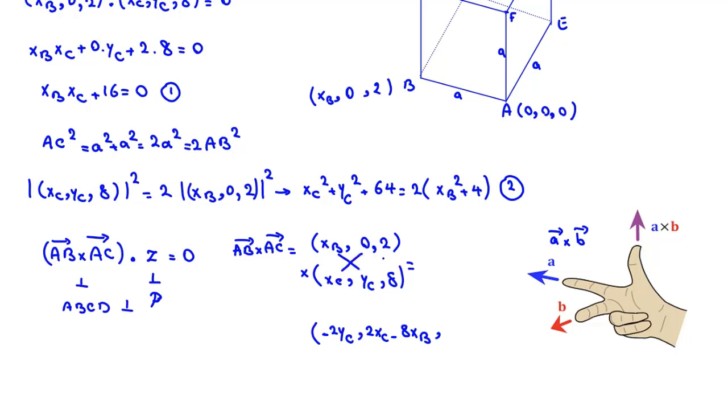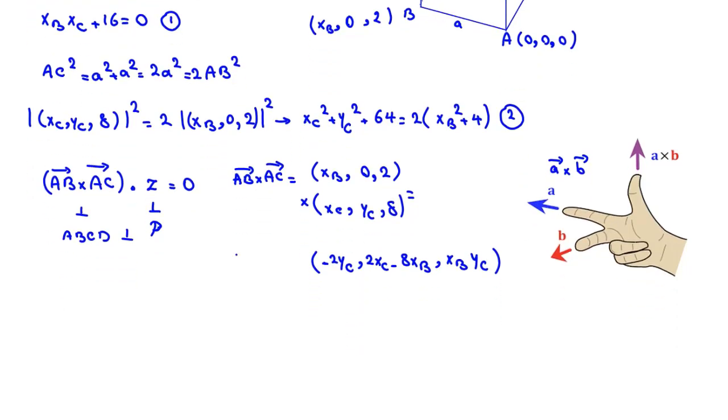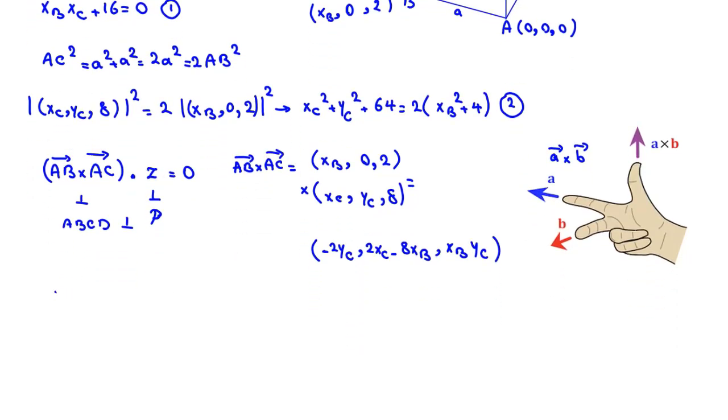So this x for z coordinate: xp times yc minus 0 times this. So it will be xp yc. Okay. Now we consider this dot z. So it will be minus 2yc, 2xc minus 8xp, xbyc. Okay? And xbyc times z is what?